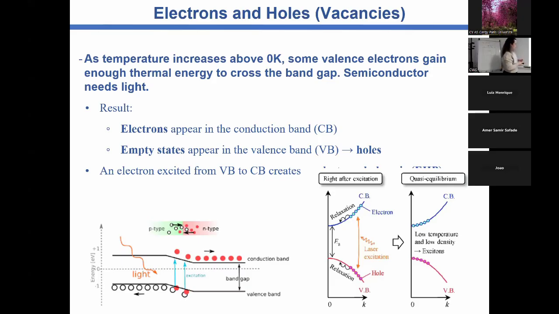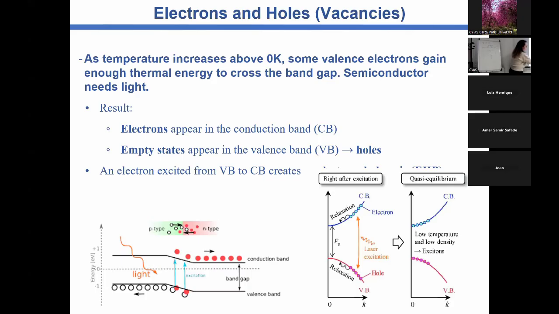So here is what I drafted, and we will discuss it more next week. But in terms of junctions, when we apply light, we create one hole in the valence band and one electron in the conduction band.